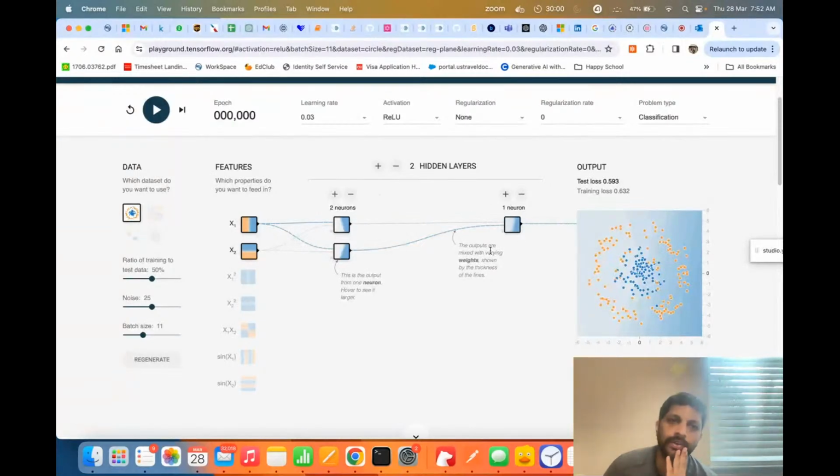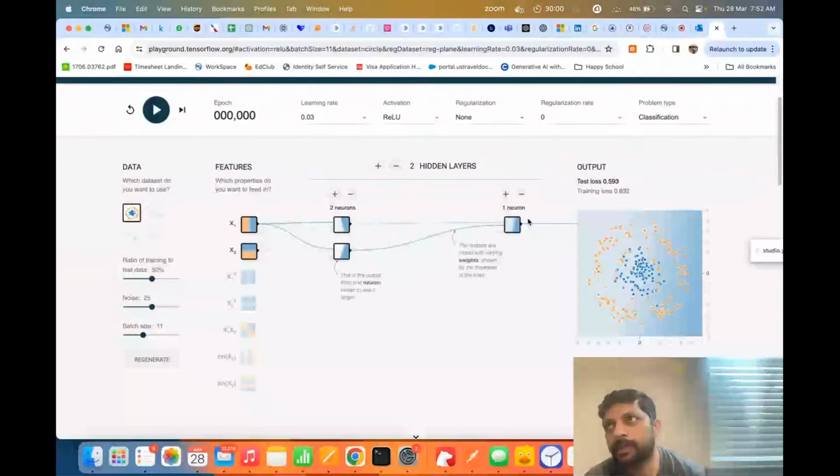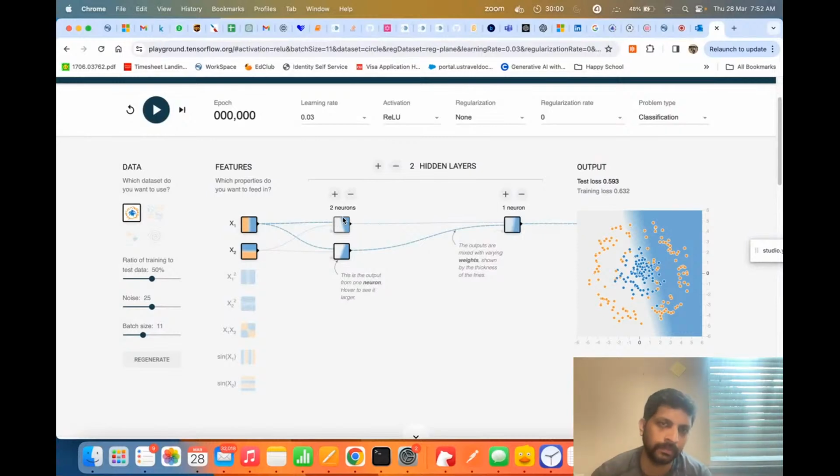So if you look at it, we are actually arriving at the final function, which is a complex, weighted output of two different models. Let's imagine two people standing here, like Ramesh and Suresh.